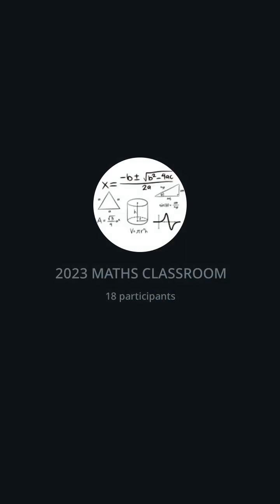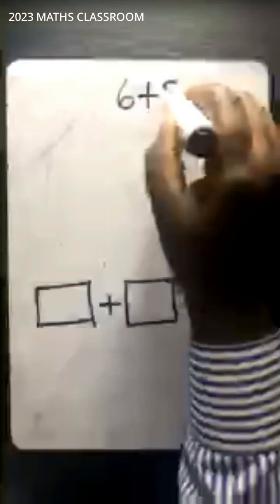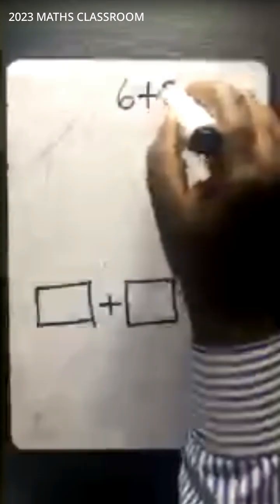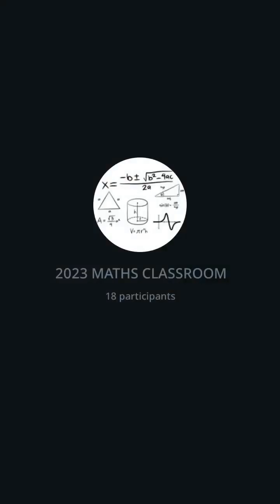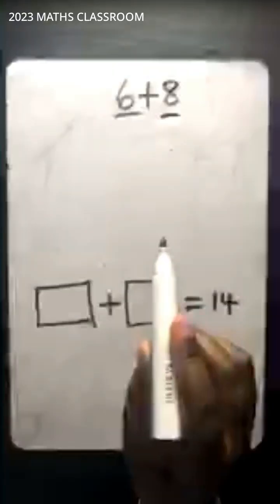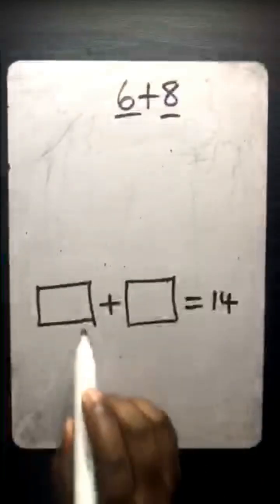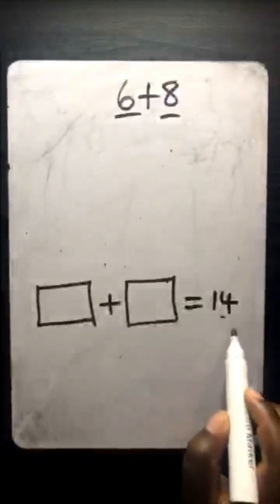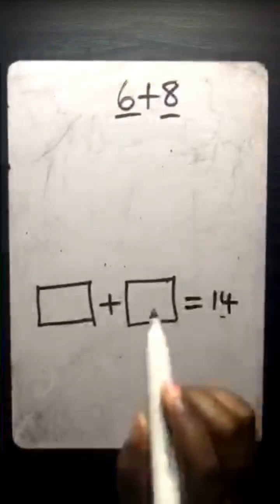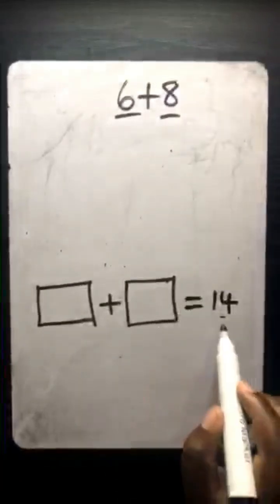Is it going to be 8? Yeah. But the question is not saying 6 and 8 together give 14. They just say two terms are being added together to give 14. So my question is, do we know what those two terms are?